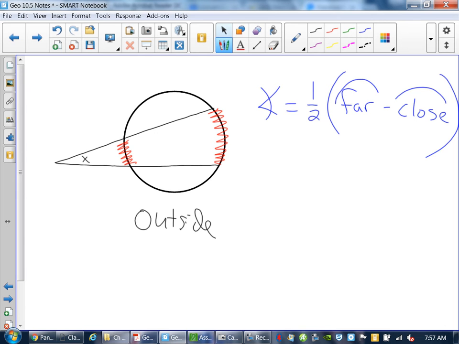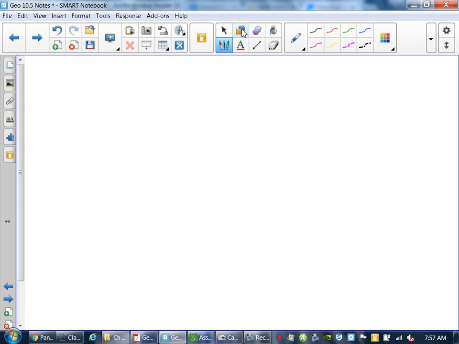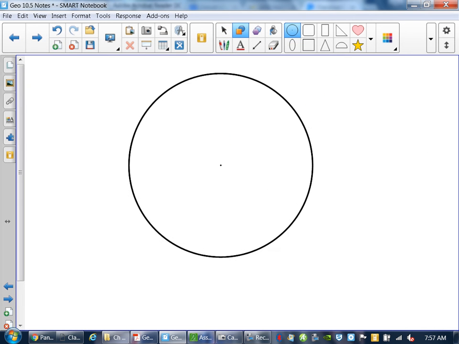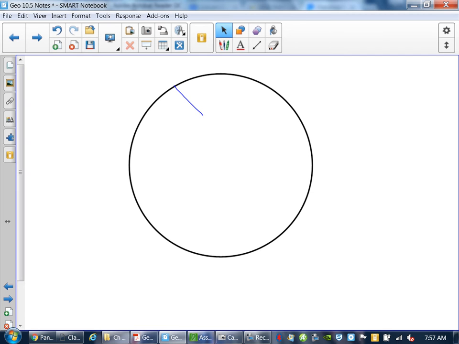Inside. If I have inside, when you have two segments that intersect inside a circle, how many total different angles really are there? There's only two of them. Very good. There's only two of them because you have vertical angles and then you have supplementaries going around it.